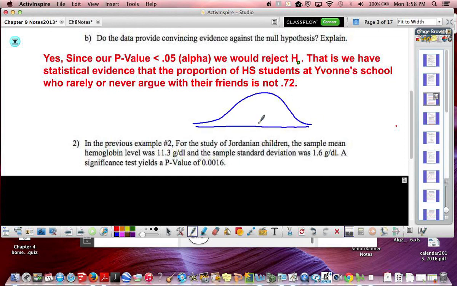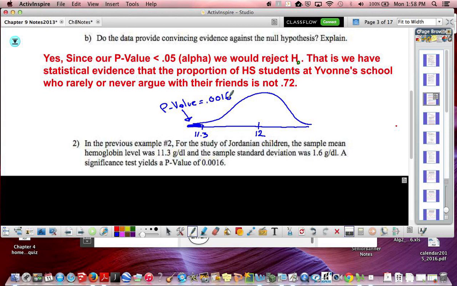We made the assumption that the mean was 12. We got a result of 11.3. We were doing a less than test, so I'm only concentrating on the lower side. Here's my p-value, 0.0016.